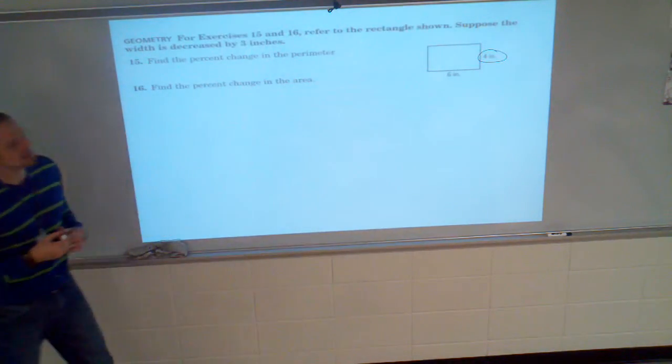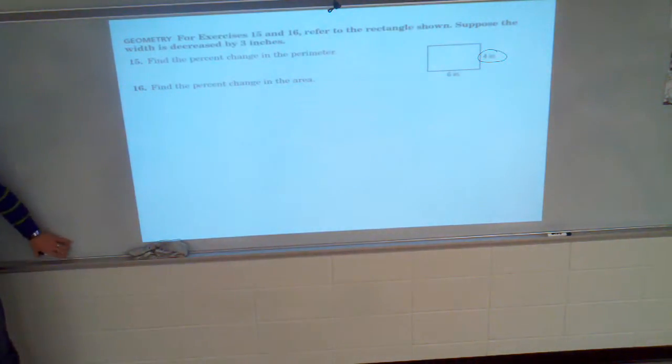Find the percent change in the perimeter. This is a challenging question. Not really a shortcut to doing this. You're going to have to do some work. You're going to have to do a couple steps.